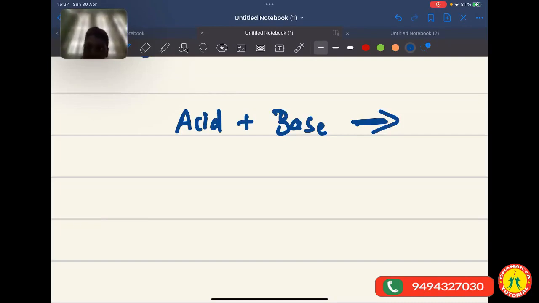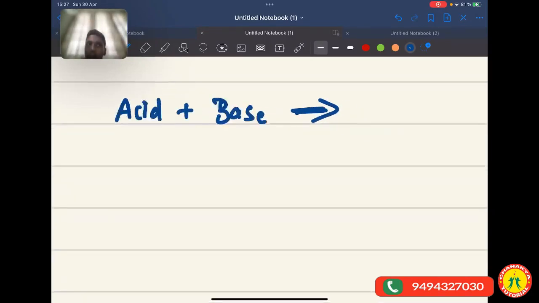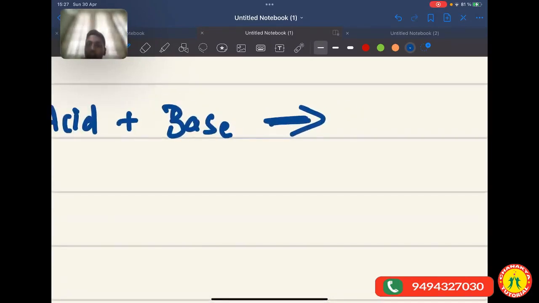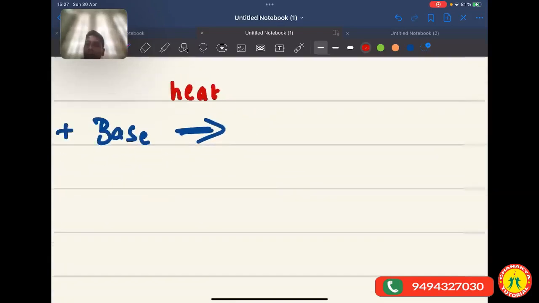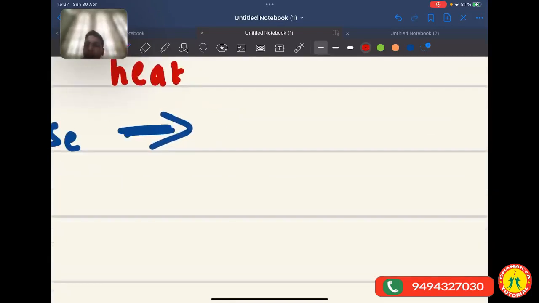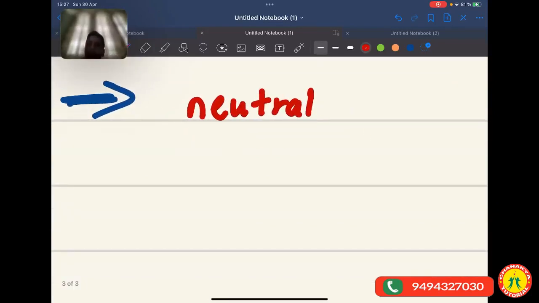Okay, so first thing, when acid and base are mixed together, two strong substances are being mixed together, so heat will be produced. You take a test tube, you add acid and base, and the test tube will become a little hot. So heat is produced. And this solution is called a neutral solution. It's in between. It's not acidic nor is it basic.